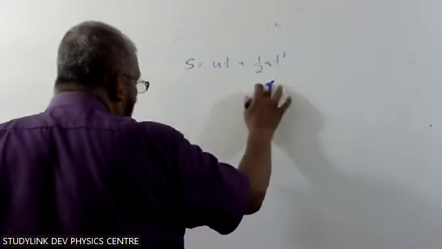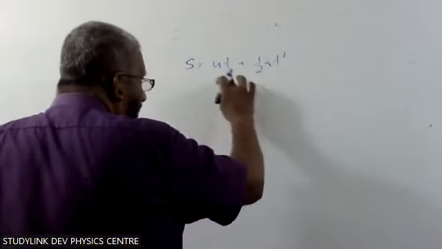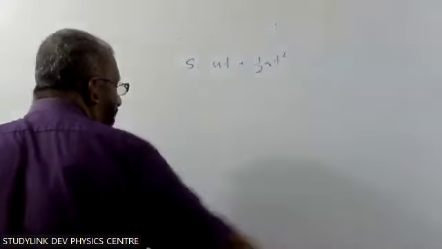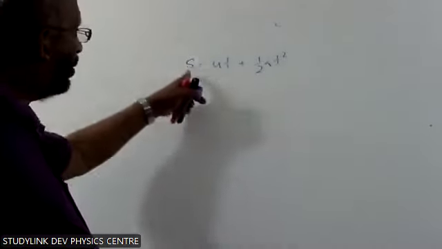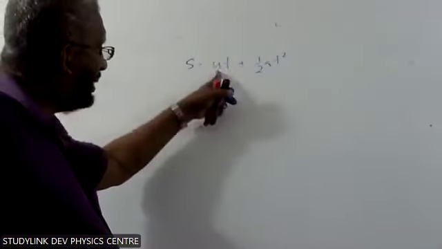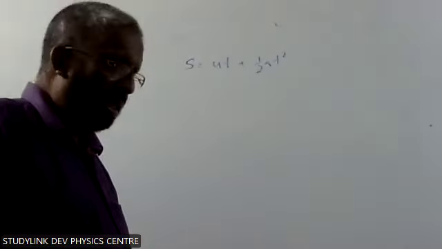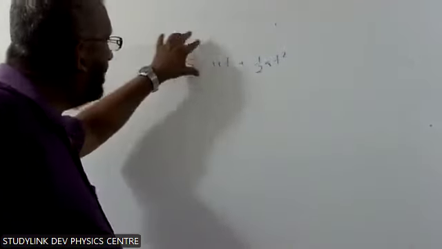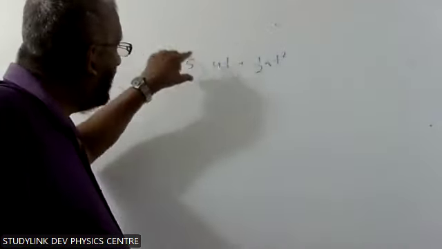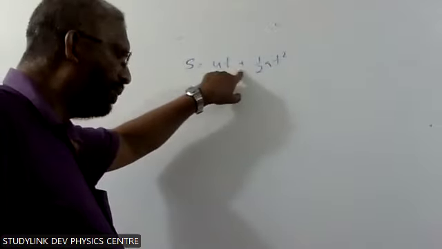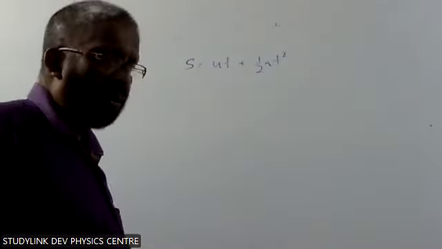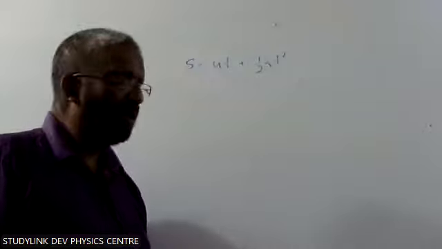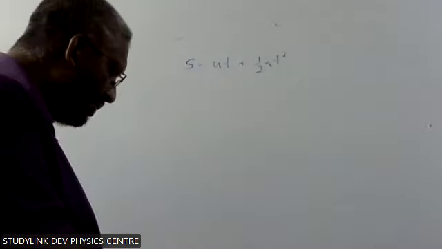All the terms having the same dimension, then the equation is correct. This should have the same dimension as this one, as this one. Then you have to know what the terms are. Terms means separated by equal sign, plus or minus, not multiplication. Those are terms.